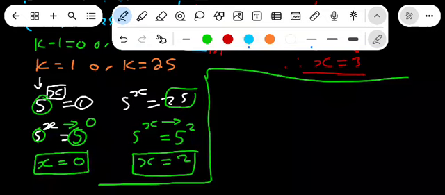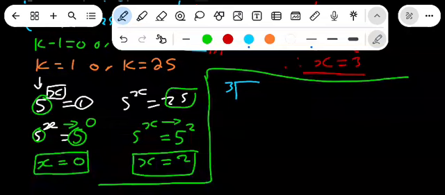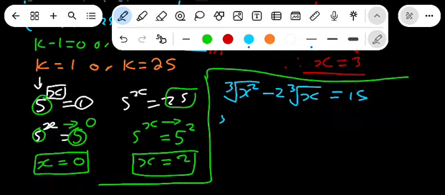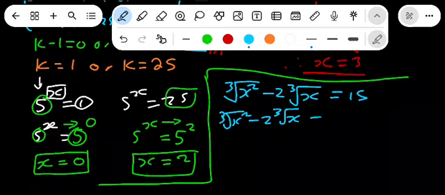We're given 3 root x squared minus 2 root x must be equal to 5. So we have root x squared minus 2 root x minus 15 will be equal to 0.